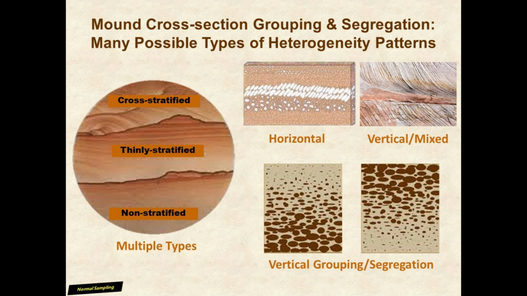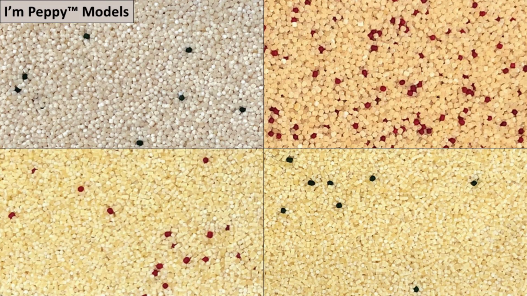Because of the turbulence created during tank pumping, mounds could have substantial stratification, which could come in many forms. The array of grouping and segregation conceptual models shown here stimulates the imagination on the possibilities and concerns. We can also see the grouping of random particles in the various experiential models.